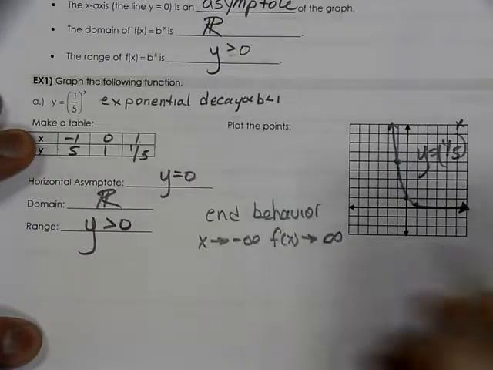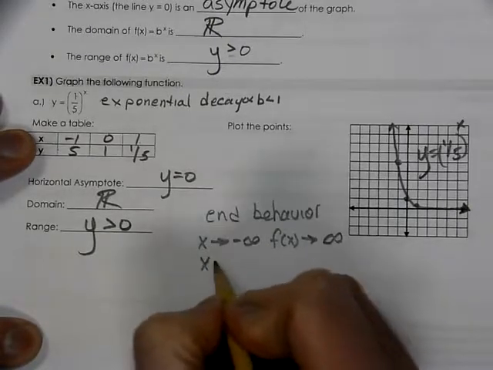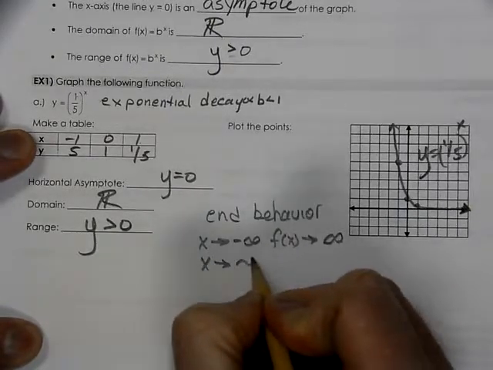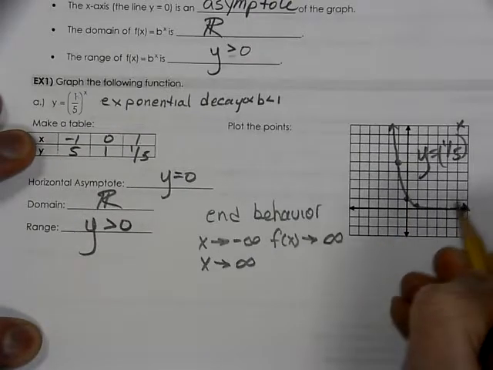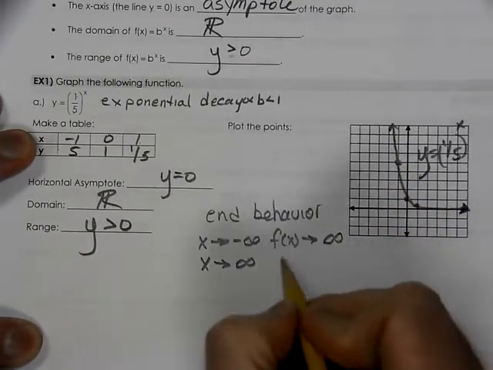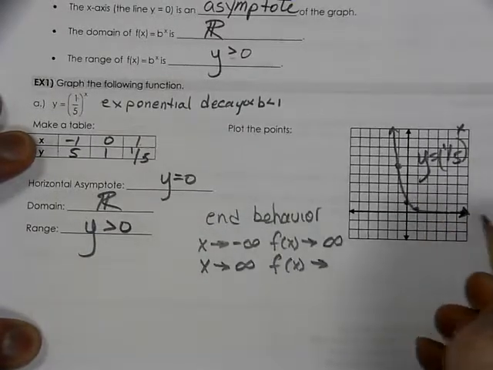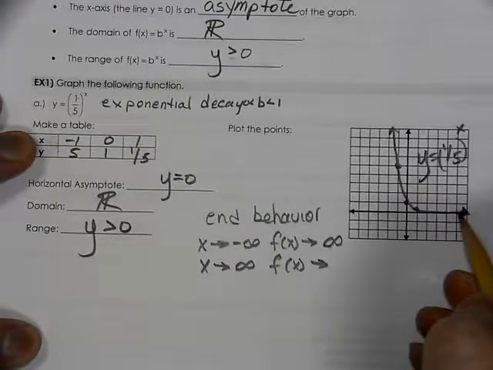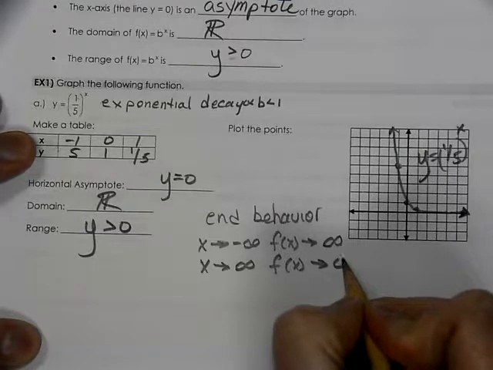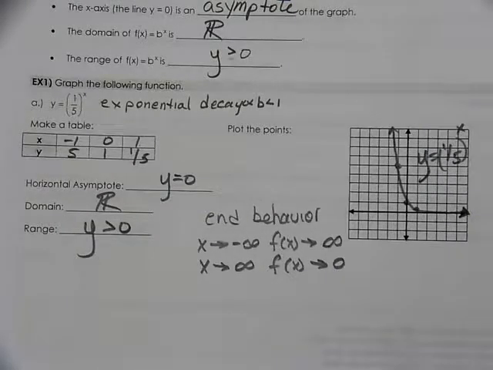So it goes to positive infinity. As x moves to positive infinity, as x gets bigger, the graph decreases. And it decreases not forever, actually not even to the 0. It approaches 0. It'll always get closer to 0, but it'll never reach it.